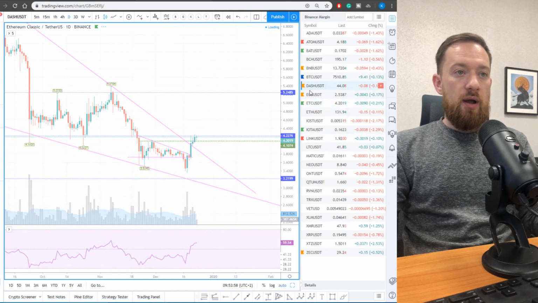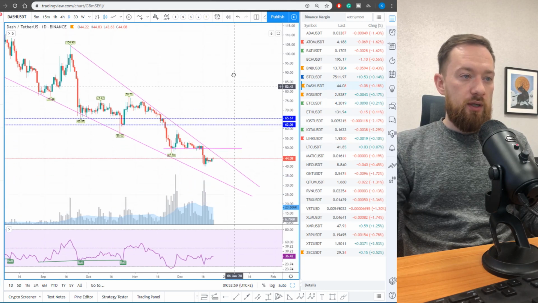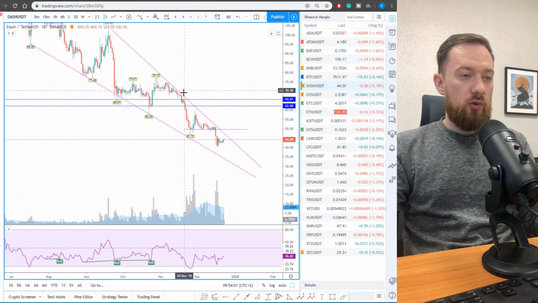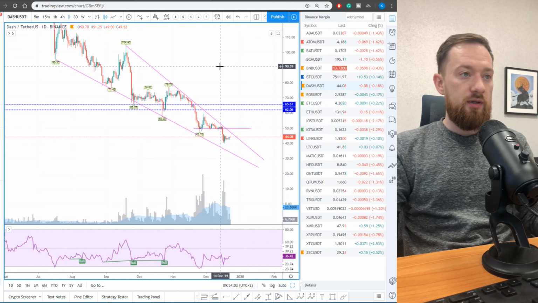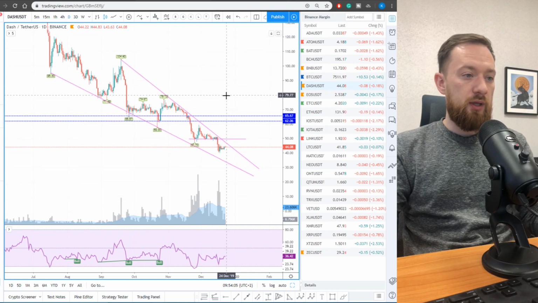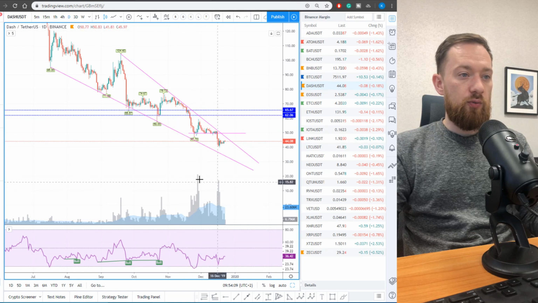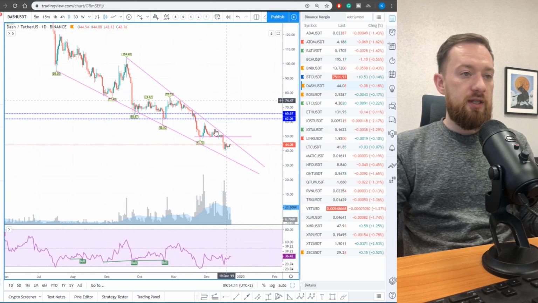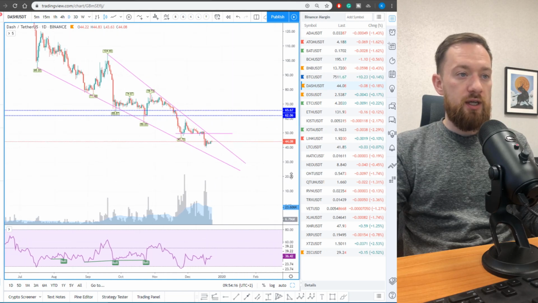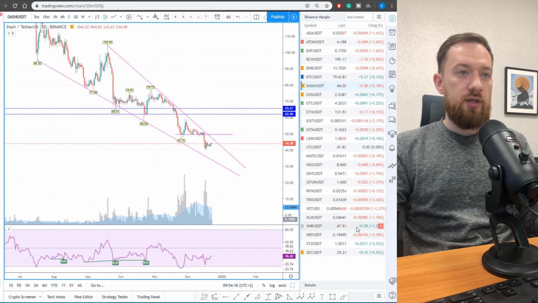There are also some other opportunities. One of them is Dash. We're closely monitoring this one as well. It's a very similar story to Ethereum Classic. We can see the divergence, we can see that the volume is building up, and at the same time we did not break the down wedge yet, so we're closely monitoring this opportunity.